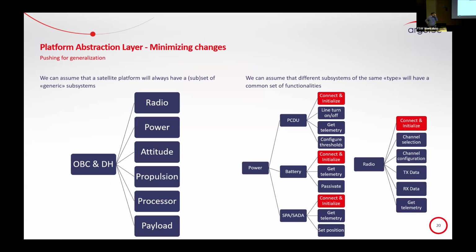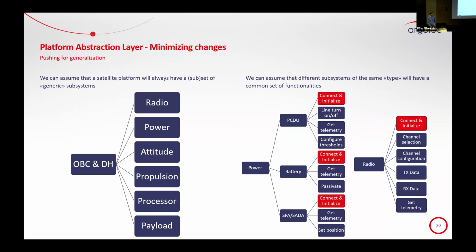Maybe they have a different shape, split in different ways, but at the end of the day, we can identify all these features: radio modules, power modules, attitude modules, and so on. And any one of them has some common features. For example, a PCDU device will always have a capability to turn a device on or off, or a radio device will have the capability to do channel configuration or selection, or transmit or receive data.